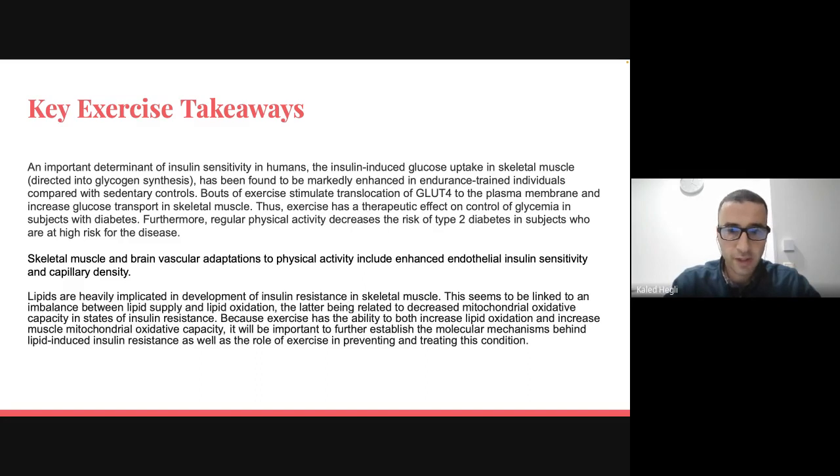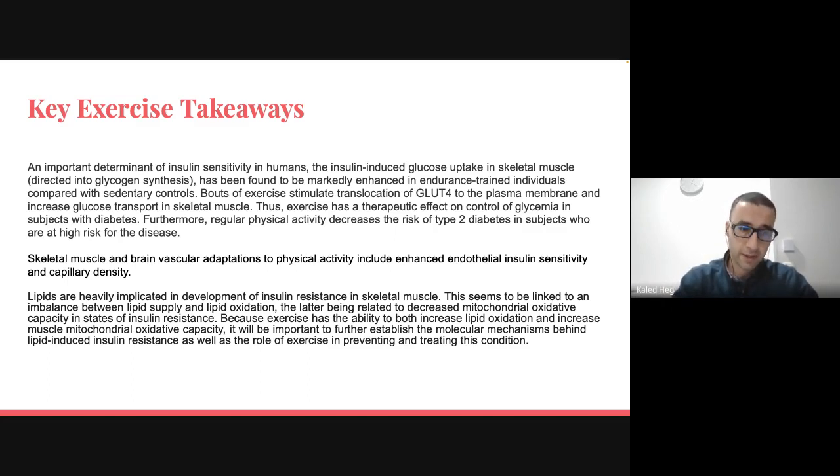Exercise increases the receptors that we saw before in the diagram of the mechanism, the GLUT4 receptor, and improves the transport of glucose inside. So exercise has this therapeutic effect, and the more we increase this ability to take and store glucose, the more resistant we are to insulin resistance. Yeah, the more we delay insulin resistance.